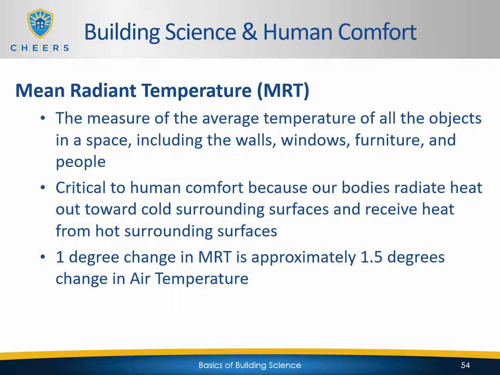It's critical to human comfort because our bodies radiate heat toward cold surrounding surfaces and receive heat from hot surrounding surfaces. About a 1 degree change in mean radiant temperature is approximately equal to a 1.5 degree change in air temperature. So our surroundings affect our comfort level.